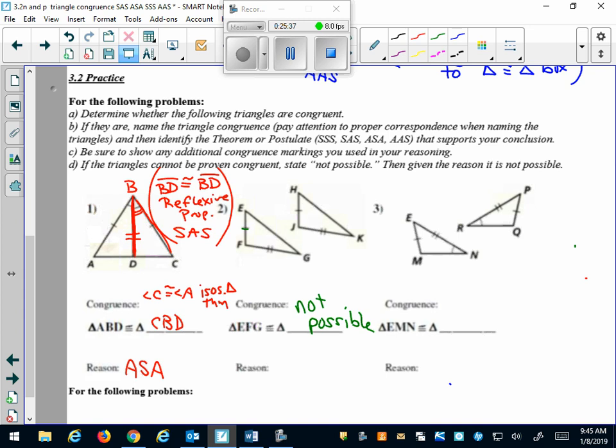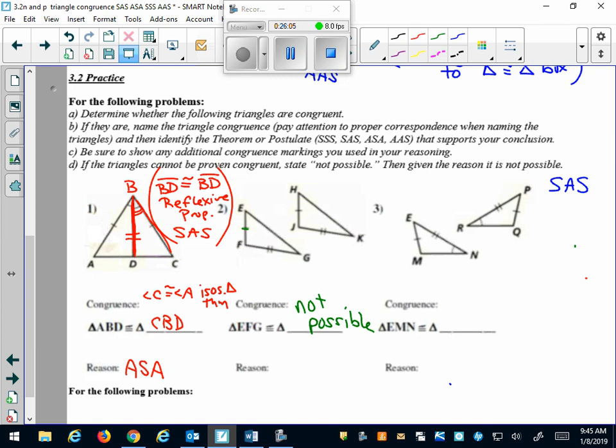We've got angle N to R. We've got EM to PQ. And we've got EN to PR. So we have two sides and an angle. So our possibility for two sides and an angle, we only have one possibility, and that's SAS. Is this in the right order for SAS?